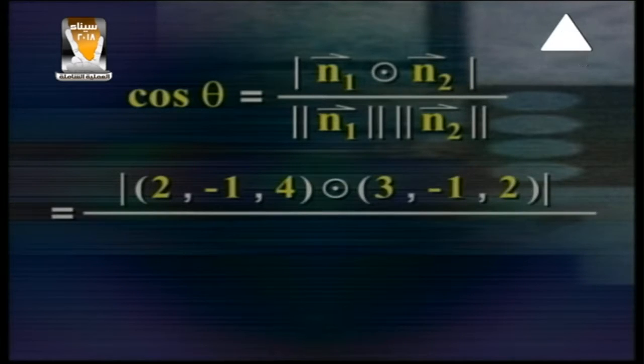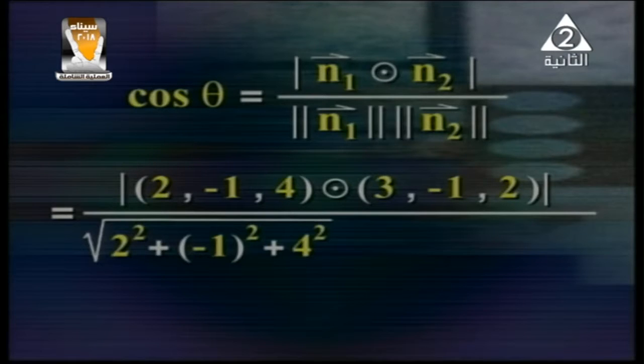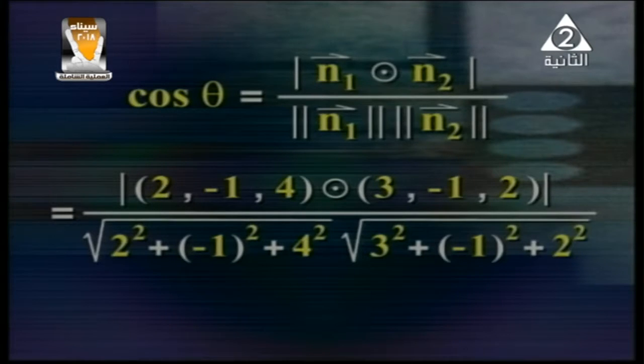Look at, dear student, we put (2, -1, 4) dot (3, -1, 2), which is 2 times 3 plus negative 1 times negative 1 plus 4 times 4, and after that we find the result of the scalar product of N1 and N2.